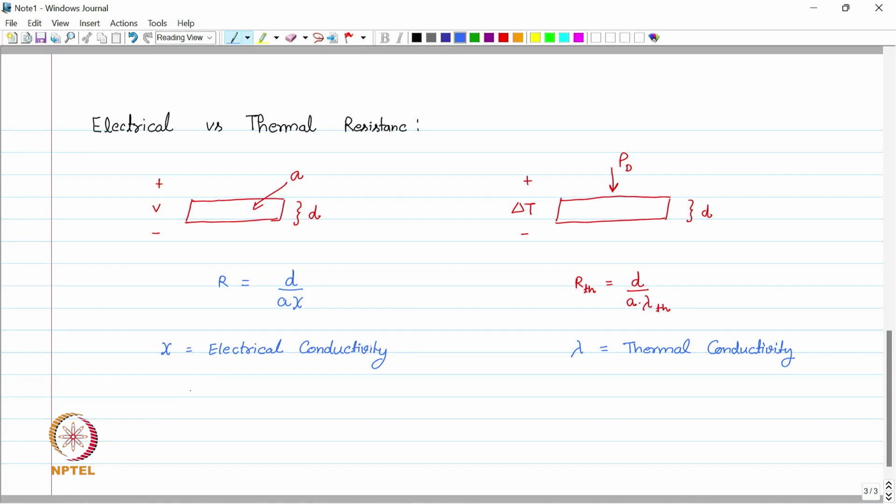And here R is our normal electrical resistance, and here RTH is the thermal resistance.